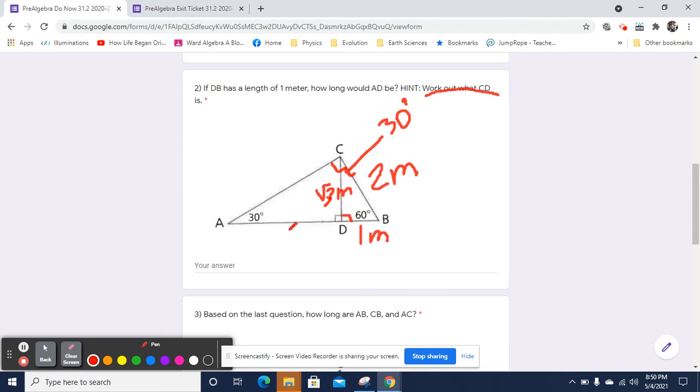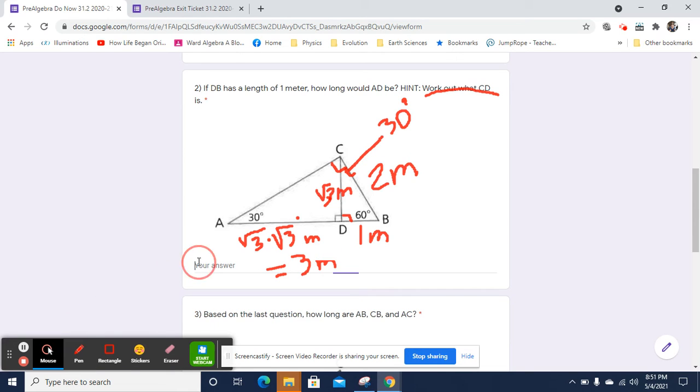And now this one here is going to be whatever this is times the square root of 3. Well, that means it's square root of 3 times square root of 3 meters. And the square root of 3 times the square root of 3 is just 3. So that's 3 meters.